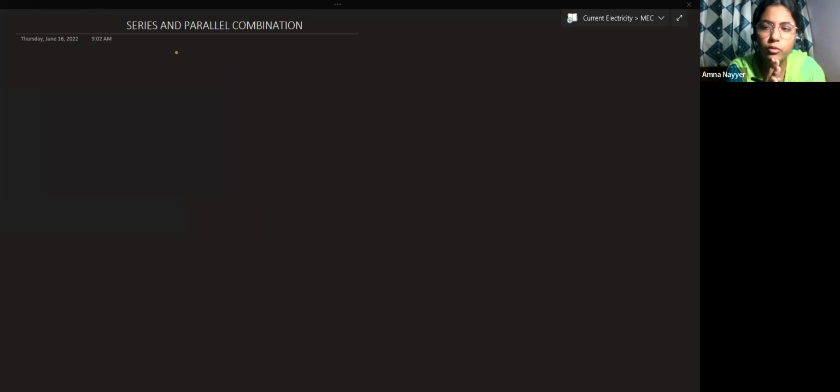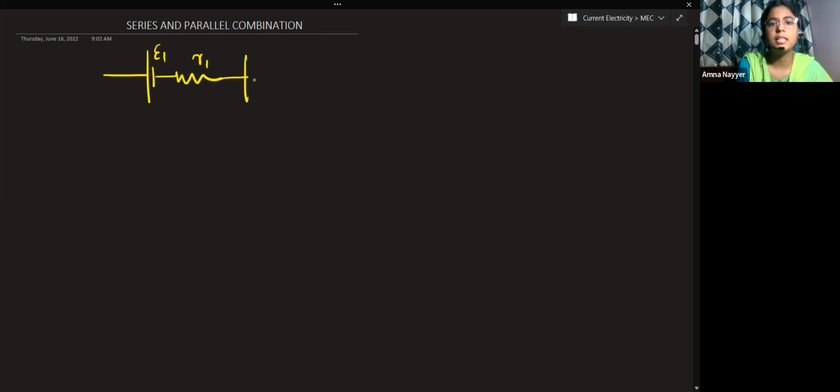Now, before moving on to separate combinations of series and parallel, if you have this circuit, means cells with their internal resistors are connected. As in, let's say this is the first cell with EMF E1, this is R1 resistor. Then this is E2 cell with its internal resistance as R2.